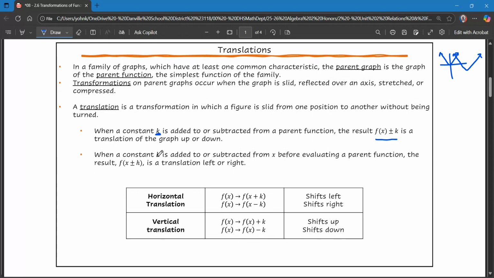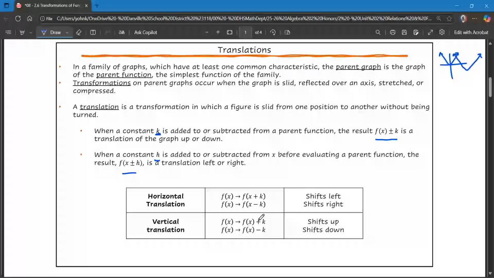When the constant h is added to or subtracted from x before evaluating a parent function, the result, f of x plus or minus h, is a translation right or left. And notice that if it's a plus h, you are translating left. If it is a minus h, you are translating right.